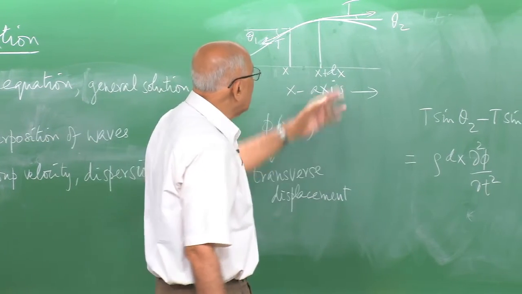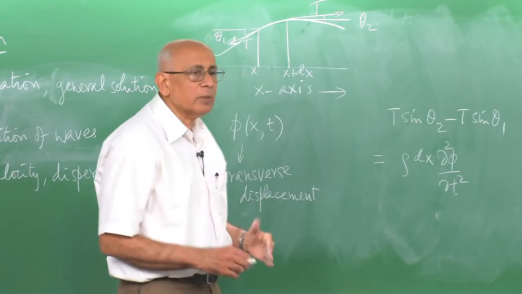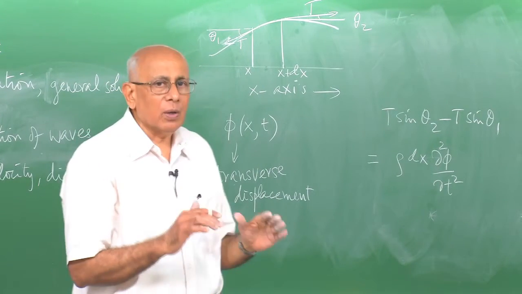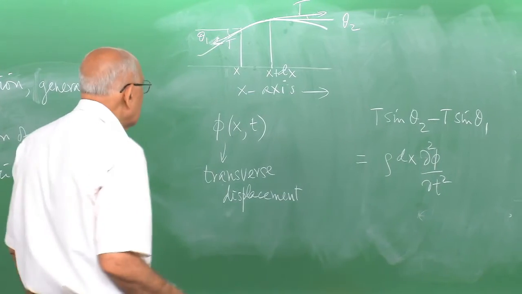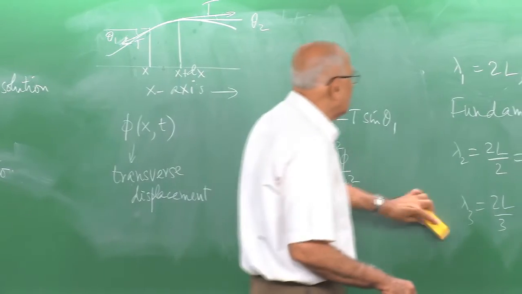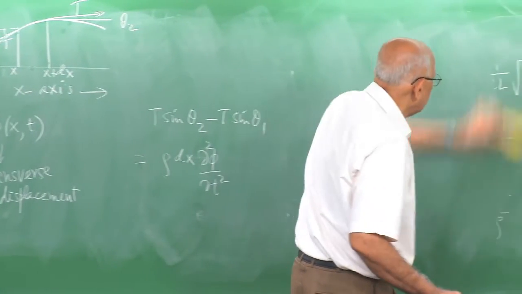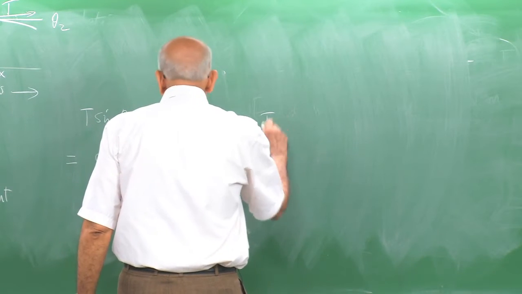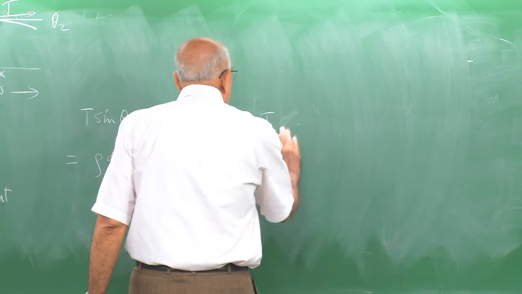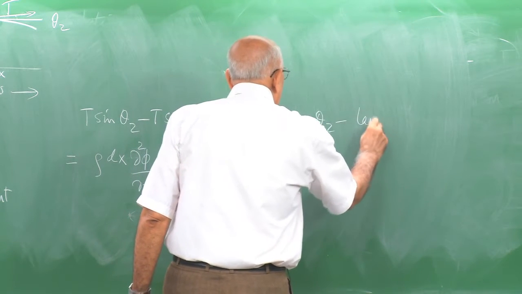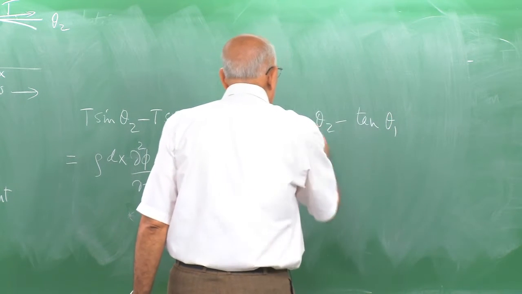Well, if the oscillations are small oscillations in a technical sense, namely these angles are very, very small, then you can approximate this as approximately T times tan theta 2 minus tan theta 1.